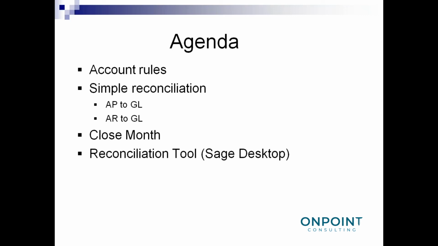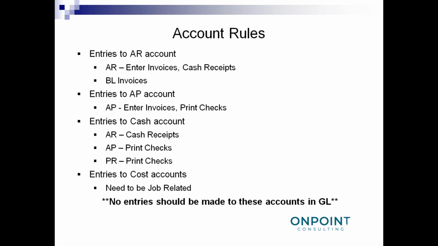And then lastly, I'm going to show you the reconciliation tool that you can run from the Sage desktop. Some of you might think it's easier or more simple than running the reconciliations within each application.